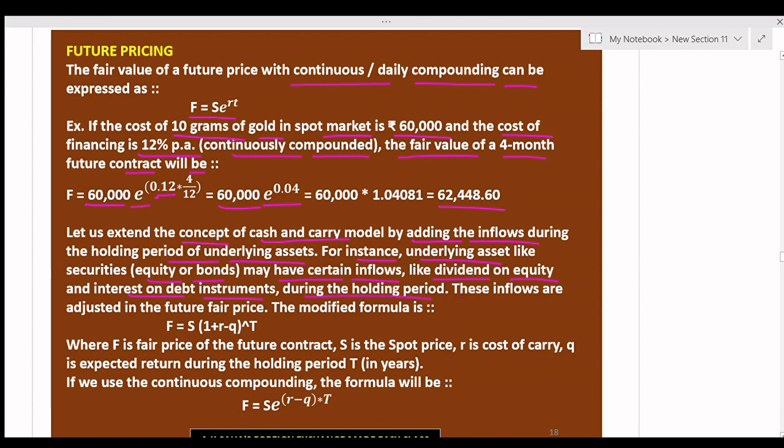These inflows are adjusted in the future fair price. The modified formula will be F = S × (1 + R − Q)^T.